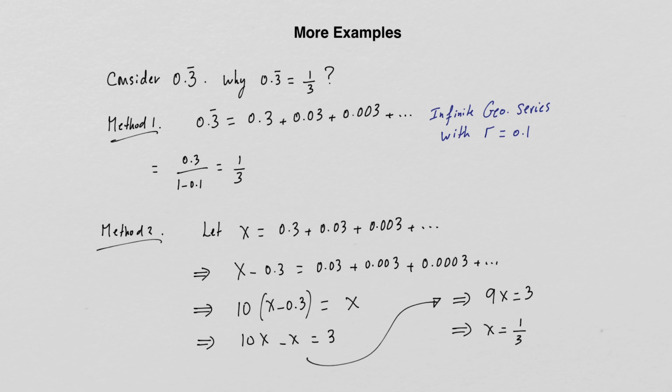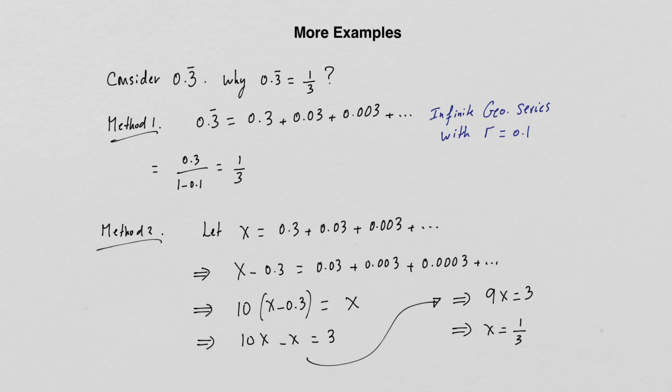Okay, so what I'm going to do is subtract this 0.3, or add -0.3, to both sides. I get this. Then I'm going to multiply the left-hand side and the right-hand side by 10. So if I multiply this by 10, I get this. And if I multiply this by 10, I get exactly the old x. Notice that this is true because it is infinite.